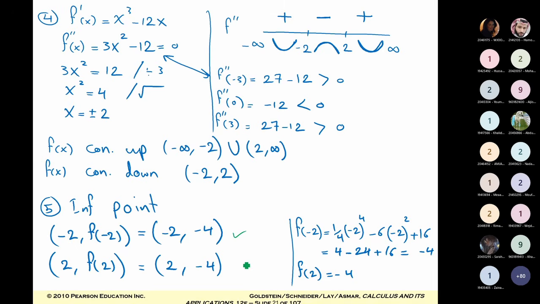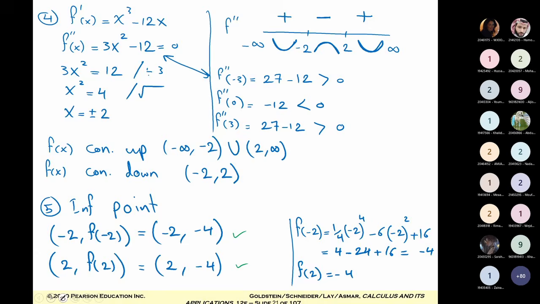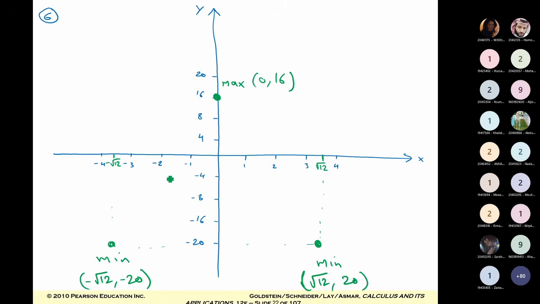This is an inflection point at minus 2, negative 4, an inflection. And 2, negative 4, an inflection.